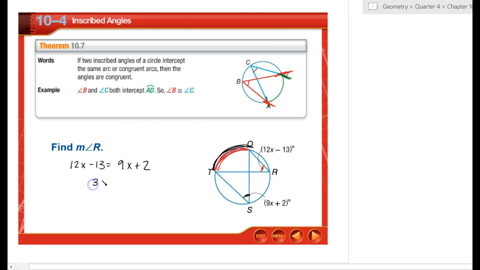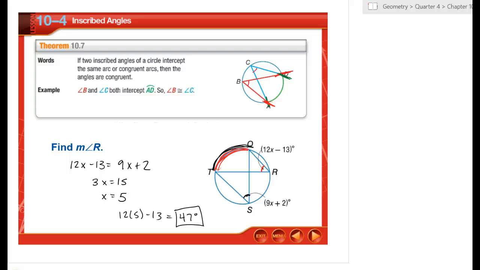So I get 3x is equal to 15. So x is 5. So angle R, when I plug in 5, gives me 47 degrees. Two congruent arcs, or the same arc, means congruent angles.